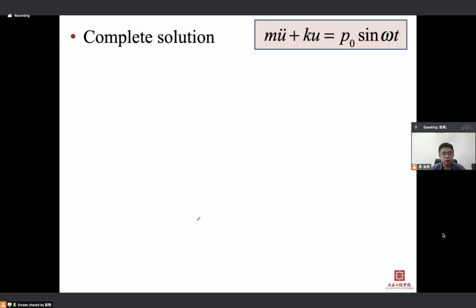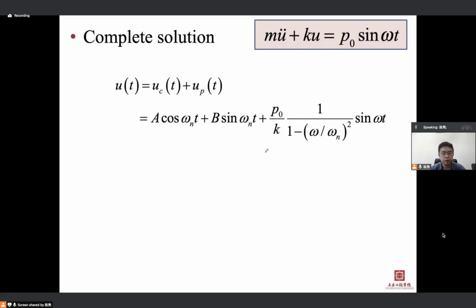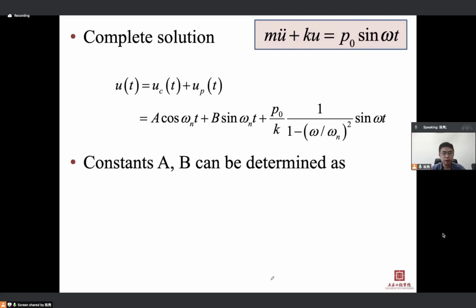Then we can solve the complete solution, because we know the complementary solution form and we already know the particular solution. So this is the complementary solution, and we have the total or complete solution. Here we introduce initial conditions to determine A and B. You cannot directly use A and B from free vibration because that is only for the complementary case.